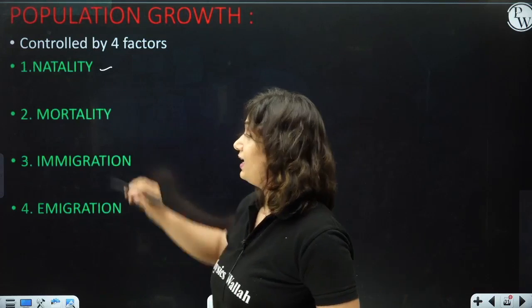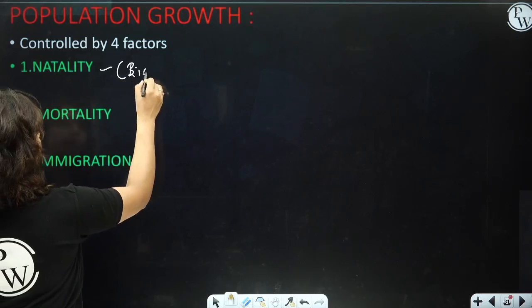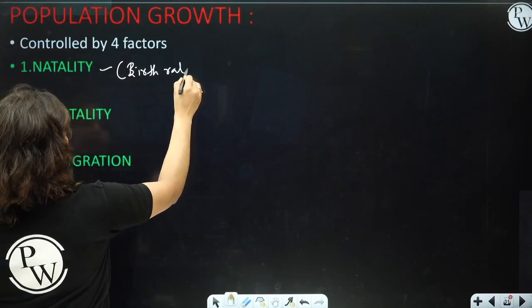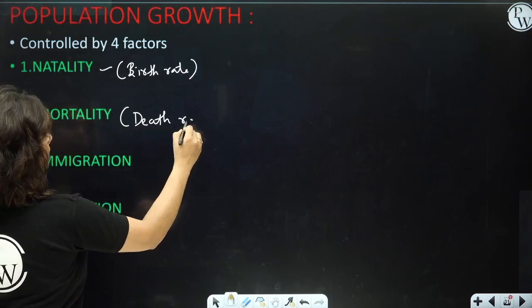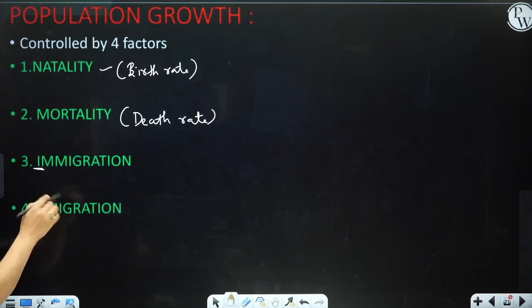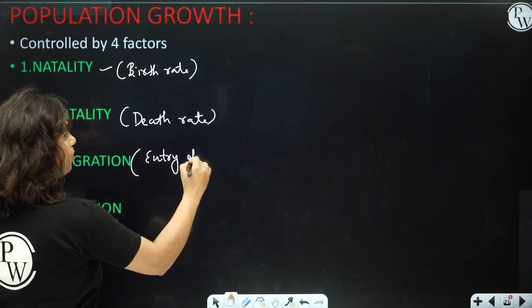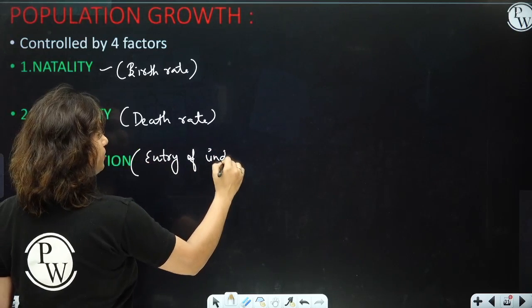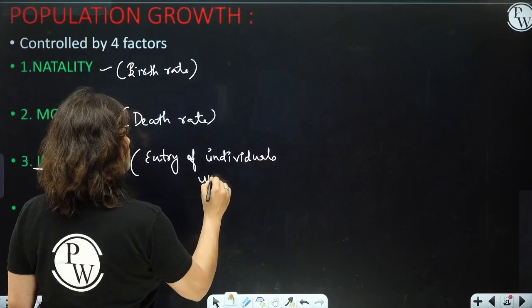That is natality, the birth rate, the number of live births; mortality, that is the death rate, the number of deaths. Then immigration. Immigration is the entry of individuals in a population.